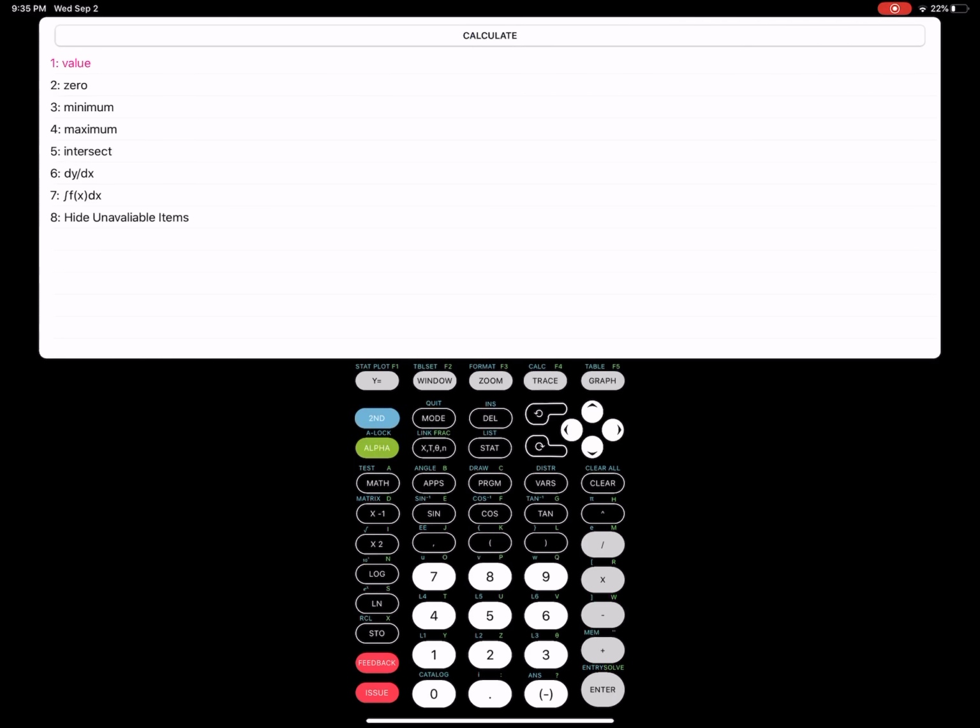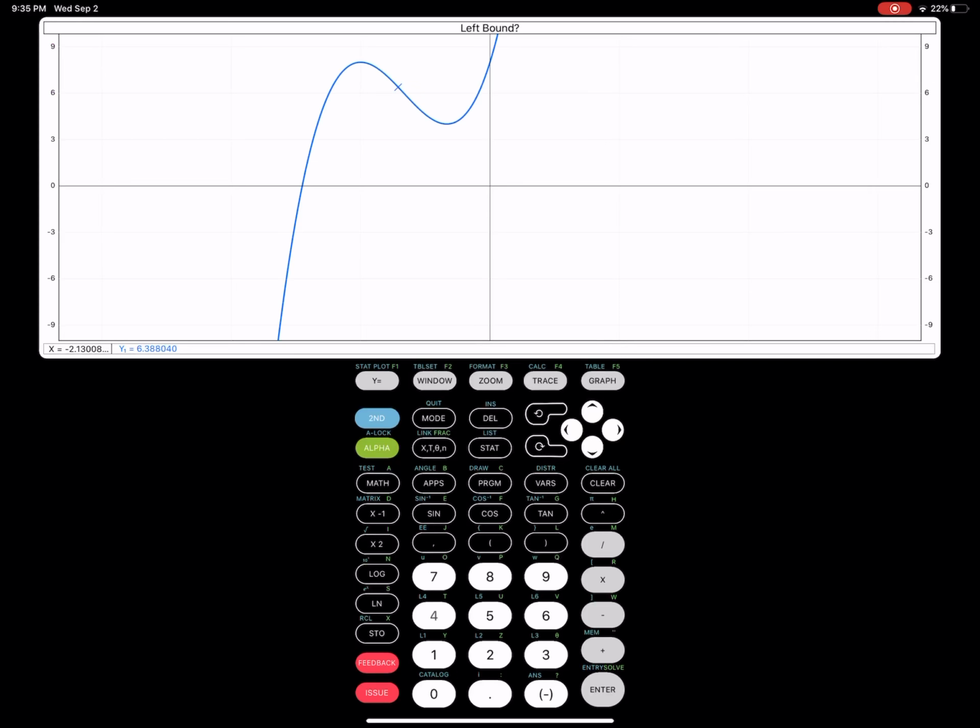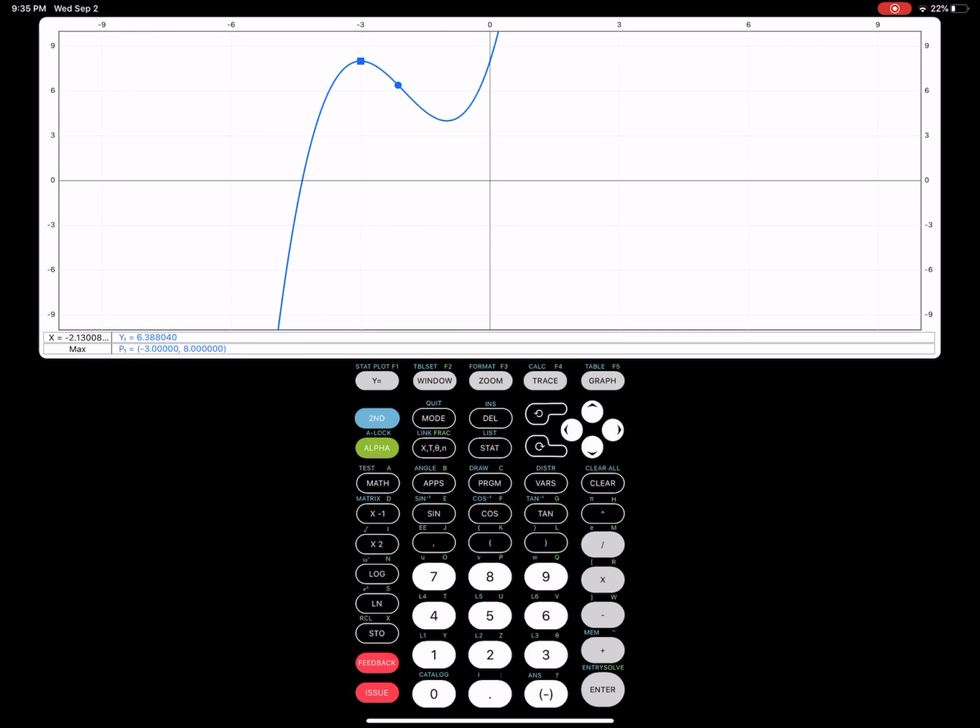Second trace, maximum, go left, enter, right, enter. Okay, and there's the maximum. It says it's -3, or negative, excuse me.